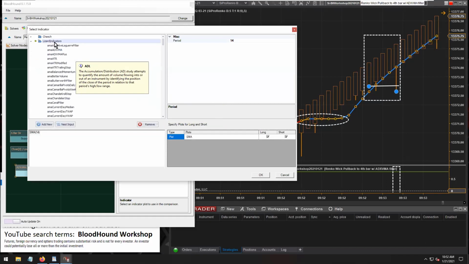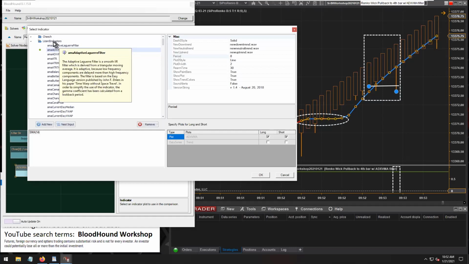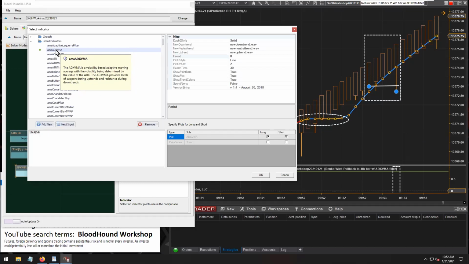As mentioned earlier, this is a Lizard indicator. You can get this ADX VMA, I think there's multiple versions of it, on Futures.io. But of course, you can get it from Lizard Indicator's website as well.